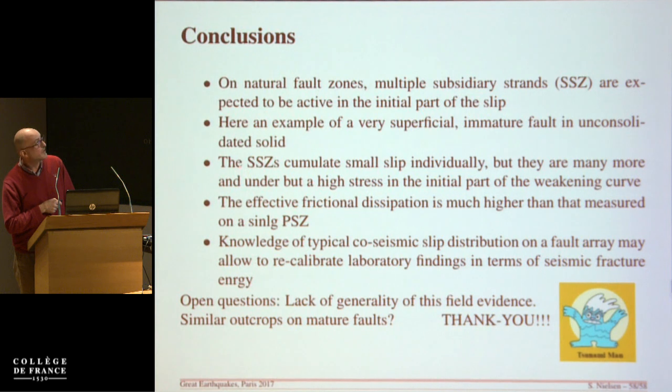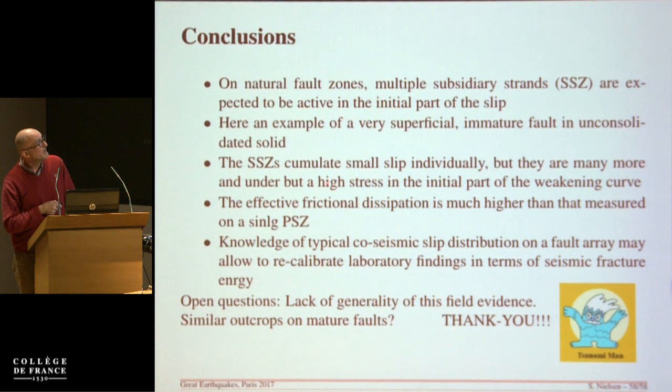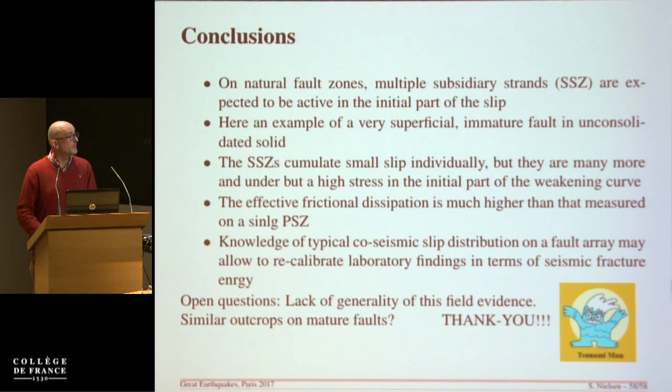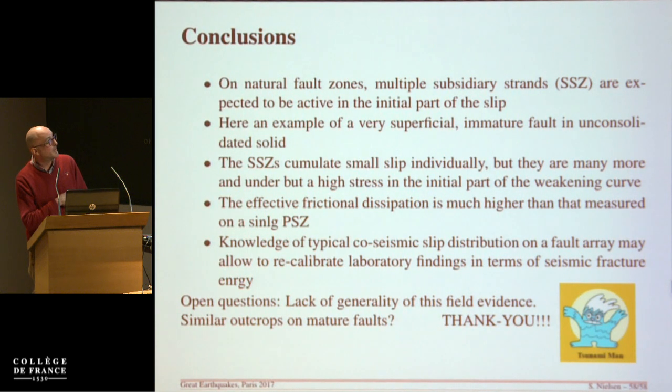Secondary slip zones accumulate small slip individually, but there are many more, and they slide under high stress in the initial part of the weakening curve. So they are able to build up an effective frictional dissipation, which in this case of the Dead Sea Masada fault was about 10 times as much as what you would measure on a single fault in the laboratory.